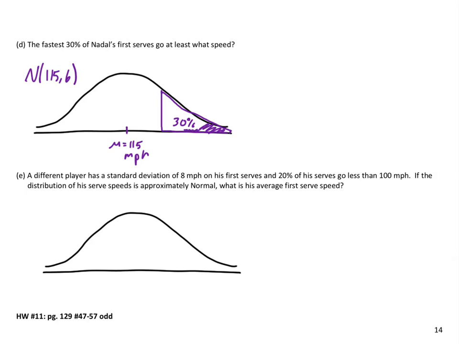We would shade this. So they go at least what speed? What's the speed that goes with that boundary? So what's this speed?